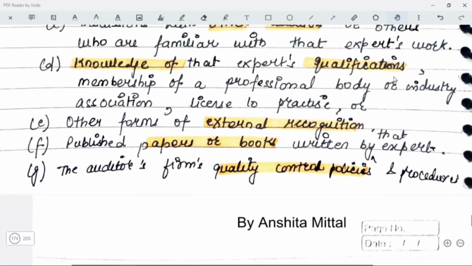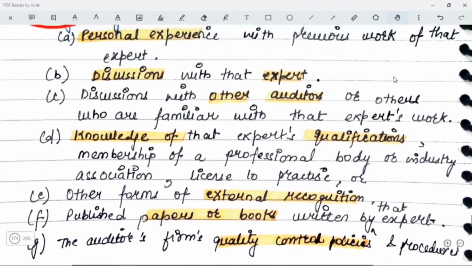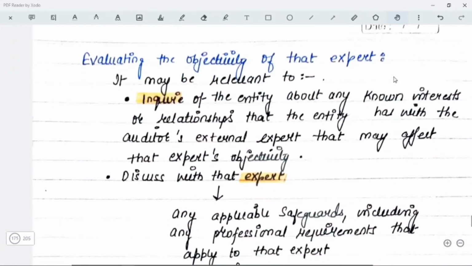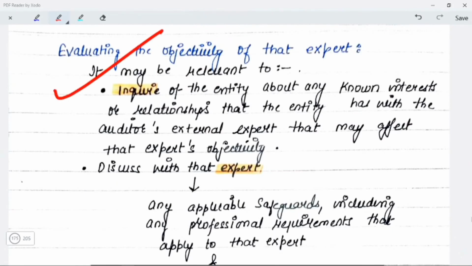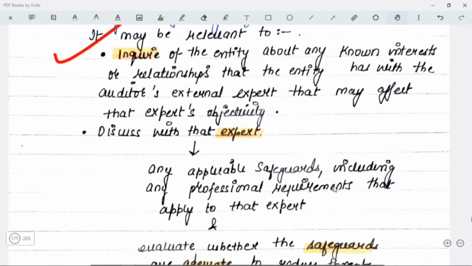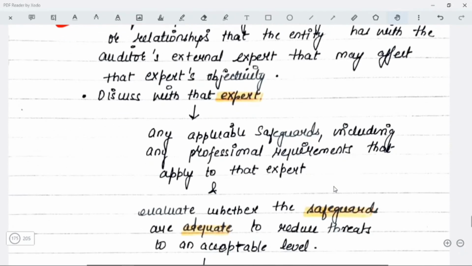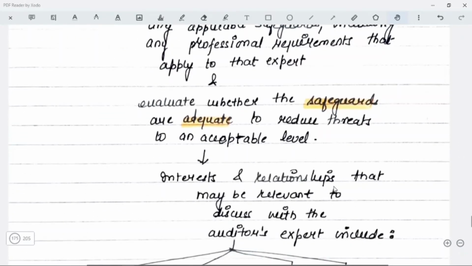Next is evaluating the objectivity of that expert. For this, it may be relevant to inquire of the entity about any known interests or relationships that the entity has with the auditor's external expert that may affect that expert's objectivity. Discuss with that expert any applicable safeguards, including any professional requirements that apply to that expert, and evaluate whether the safeguards are adequate to reduce the threats to an acceptably low level.